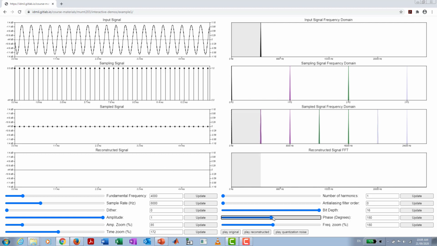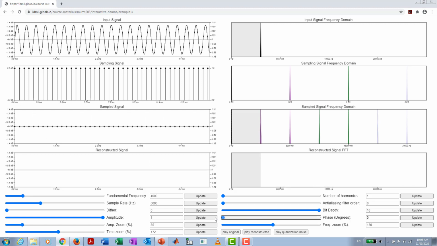So this is the first very useful example we can see with this application we made: yes, it's possible to do critical sampling, but you may not get the output the way you expect. You may not get the right signal. Either you don't get any signal or you may lose the amplitude. So let's go back here to the 0 phase. What happens now if I increase the frequency?